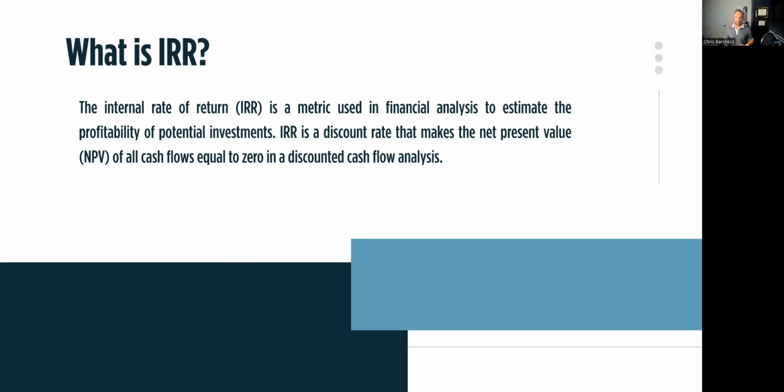So this deals with cash flow analysis and net present value, which I don't have time to go into today. But if you basically look at money going in and money going out over time, it's similar to inflation. Over time, the value of money changes.